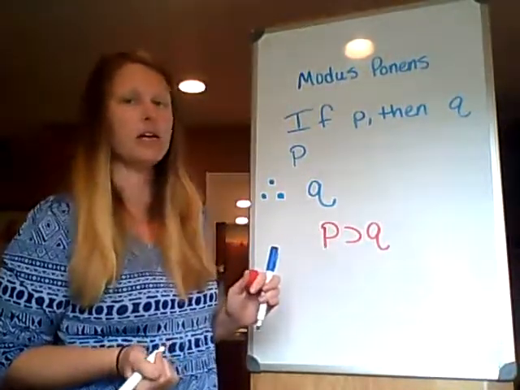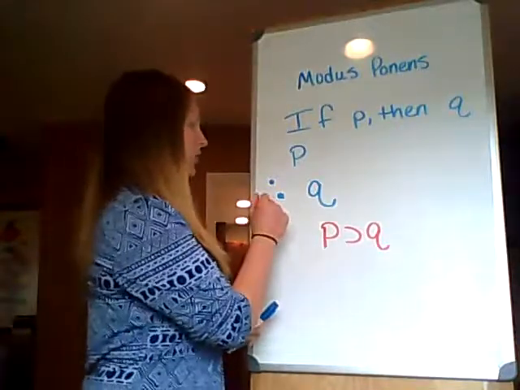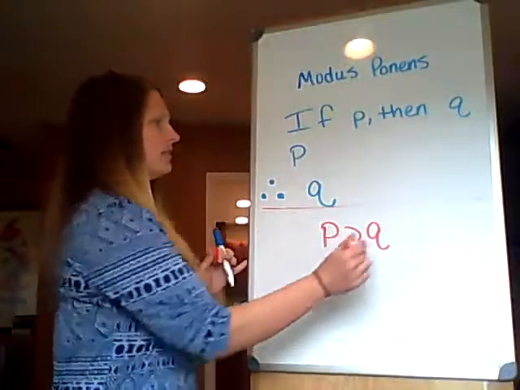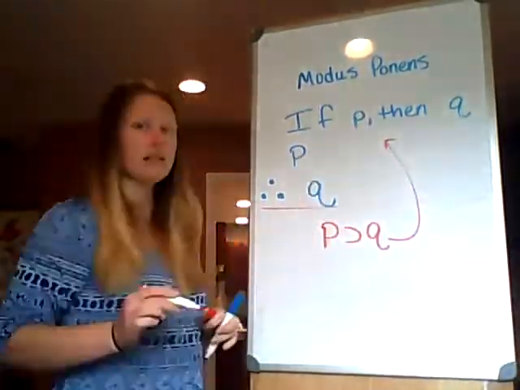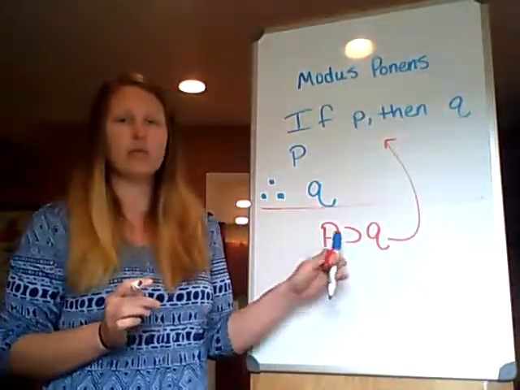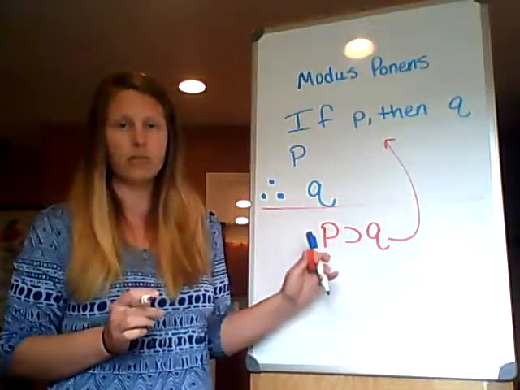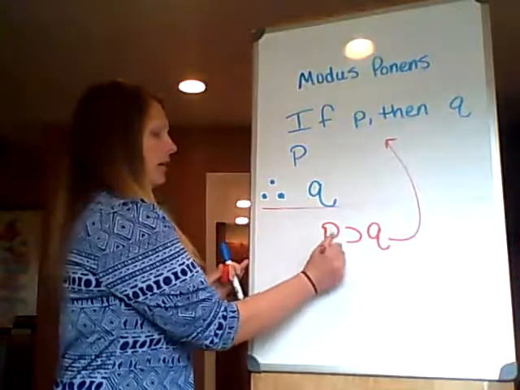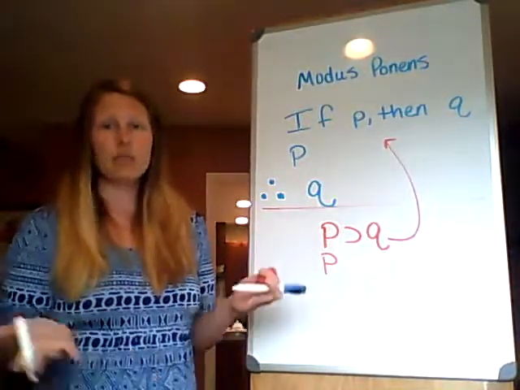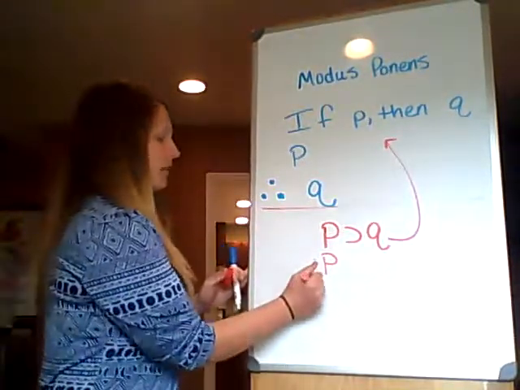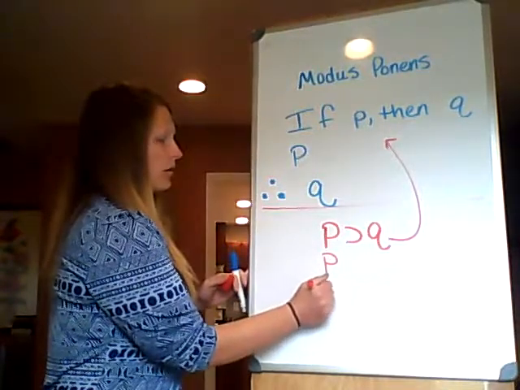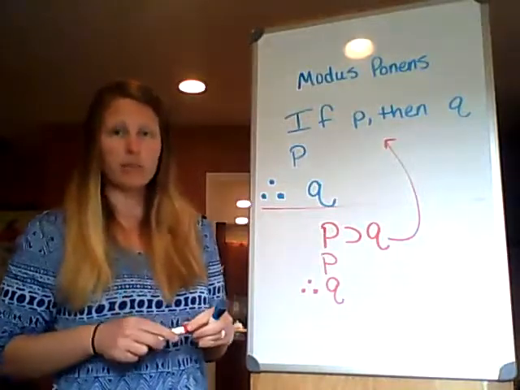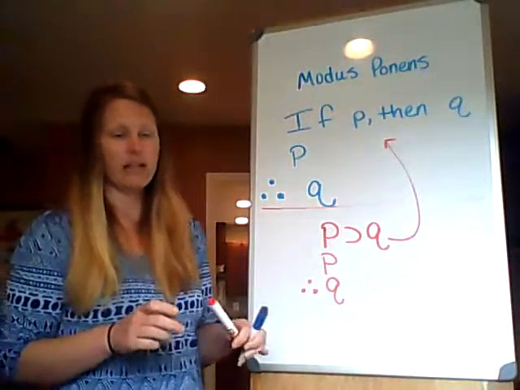So we would look at this and say, if P, then Q. It means the exact same thing as that. It's just using symbols, and it's this little horseshoe thing that we use. If P, then Q. P is my second premise, the thing I'm saying actually happened. And then I have my little therefore symbol, and then Q. So again, this is called Modus Ponens, and it's always valid.